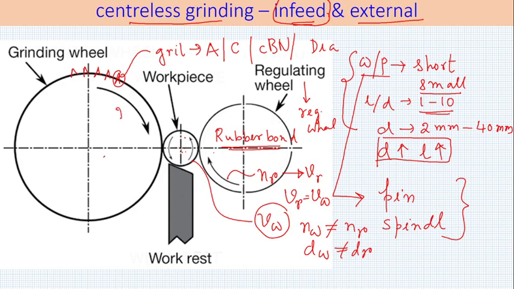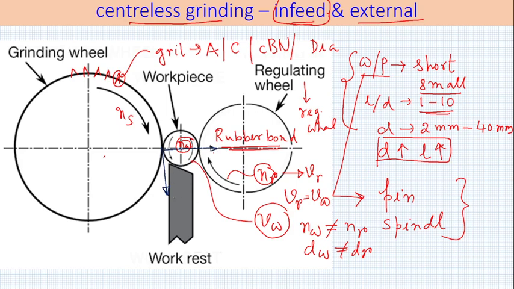So what happens? This will rotate at NS, this will rotate at NR, this will rotate at NW, and the grinding action will take place here. One interesting thing, though we have not discussed it earlier: because of grinding, there would be a grinding force imparted in this direction, and another force imparted in this direction.